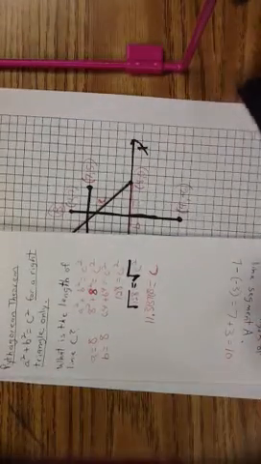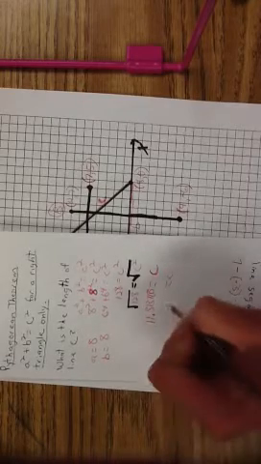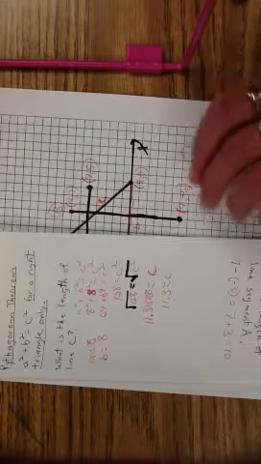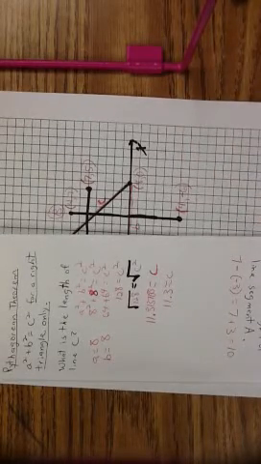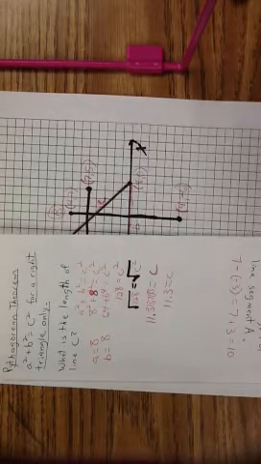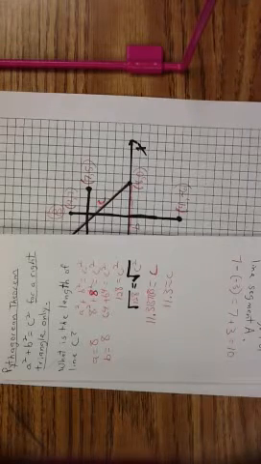Well, that's a big number. I think I'll just round it. C is about 11.3. Okay, so this is the kind of math we'll do for finding lengths of vertical lines, horizontal lines, and diagonal lines. Let's try some practice problems.